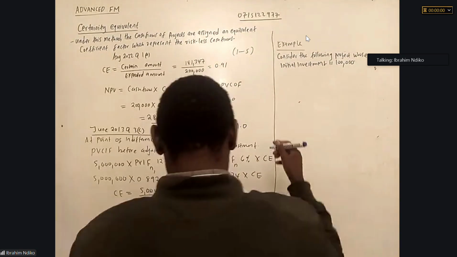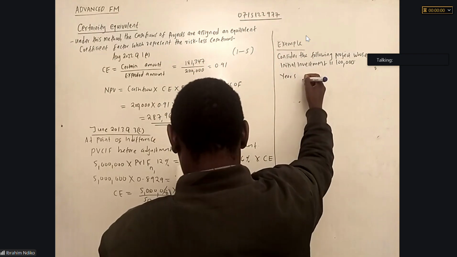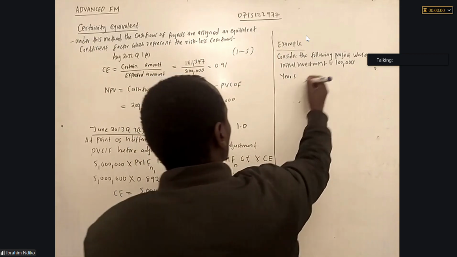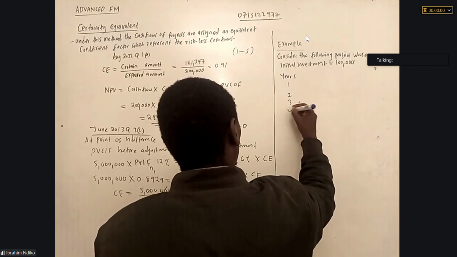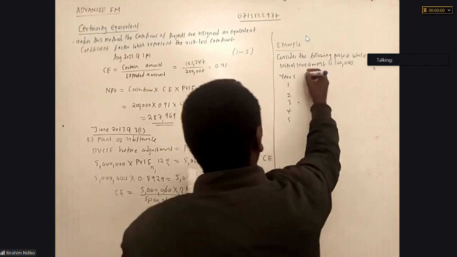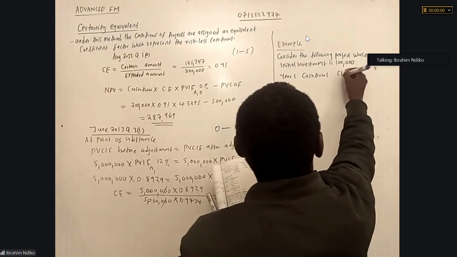Then cash flows, we have the years, 1 to 5. Cash flows, then certainty equivalent.